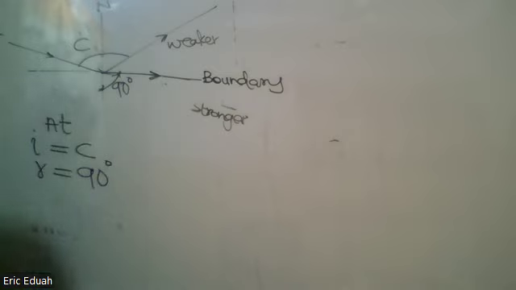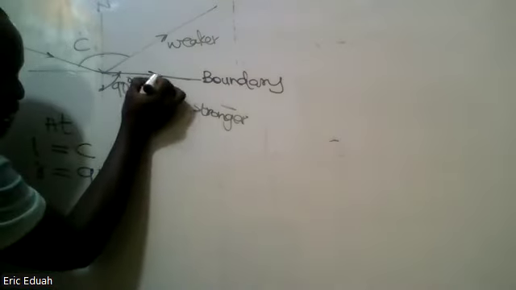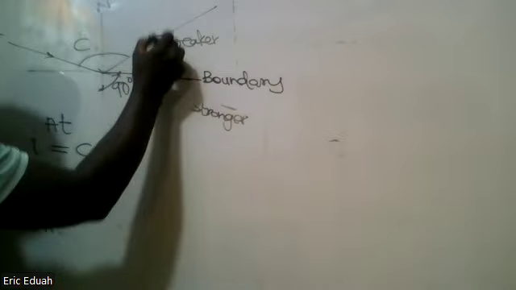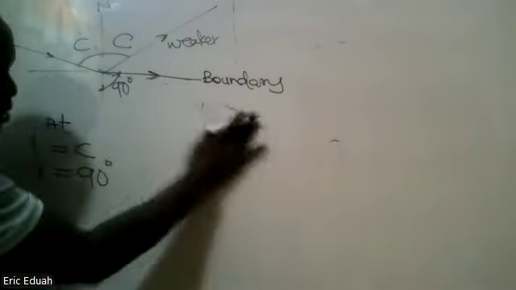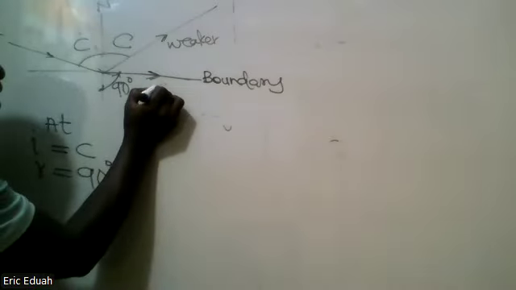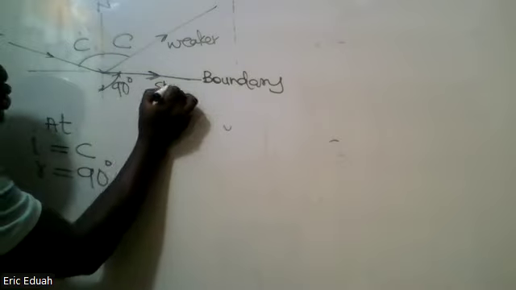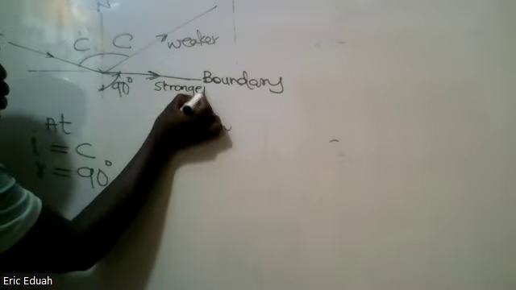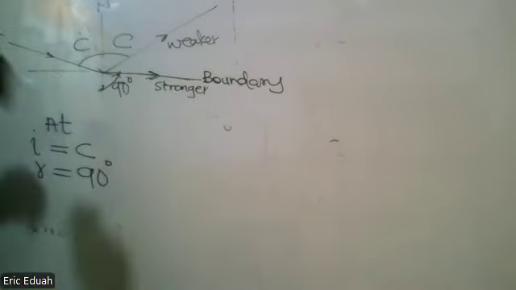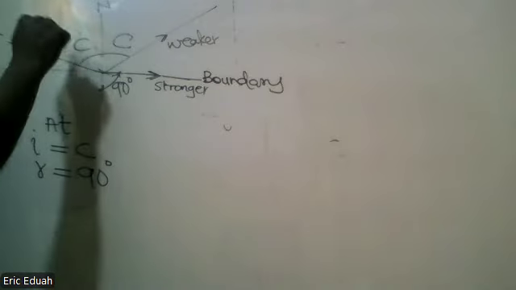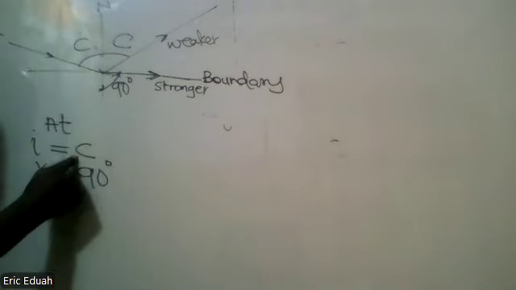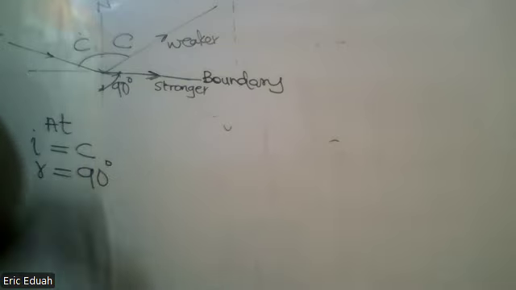At this point, we haven't achieved total internal reflection. The refracted ray is on the boundary. The reflected ray is here and its angle is also equal to C. The refracted ray is brighter, or stronger in intensity, whereas the reflected ray is weaker. All that is happening is that the angle of incidence is equal to the critical angle of the material.